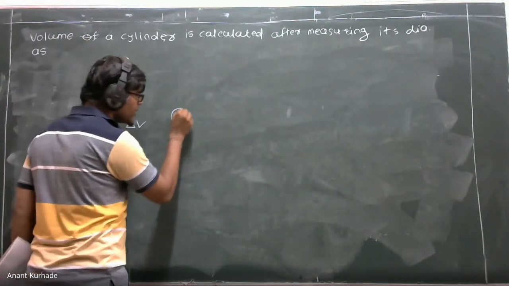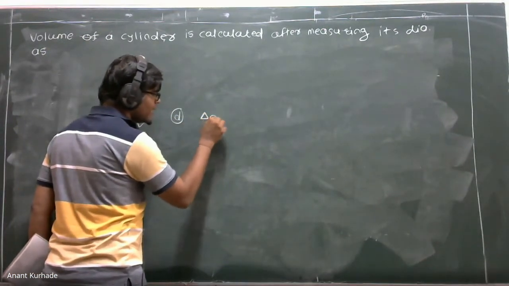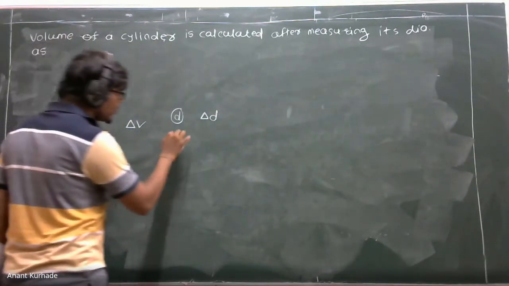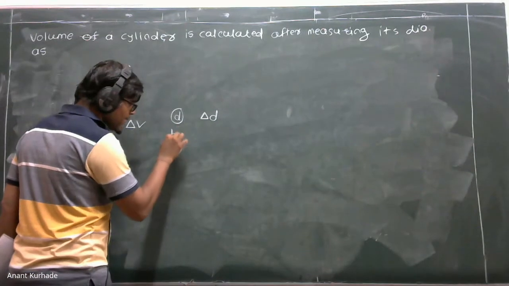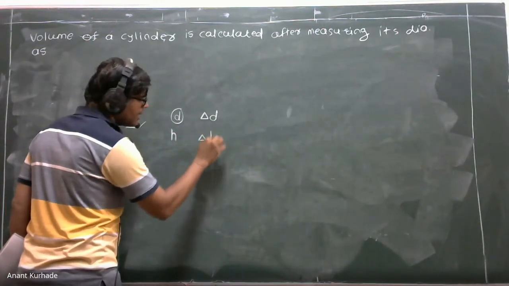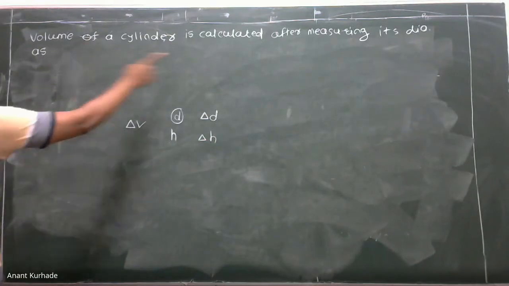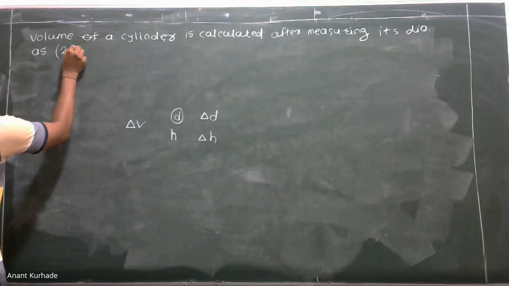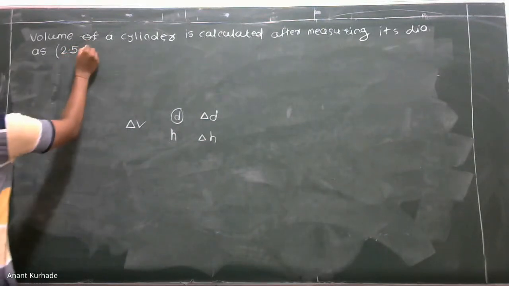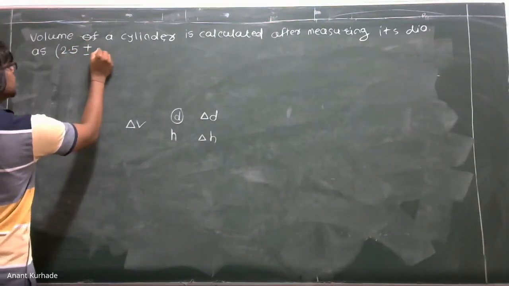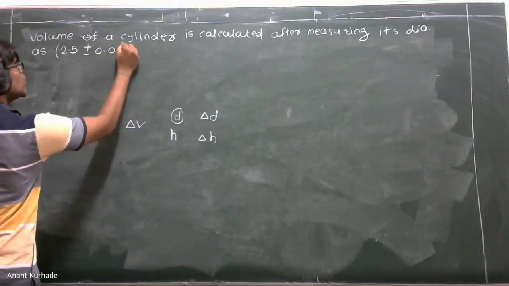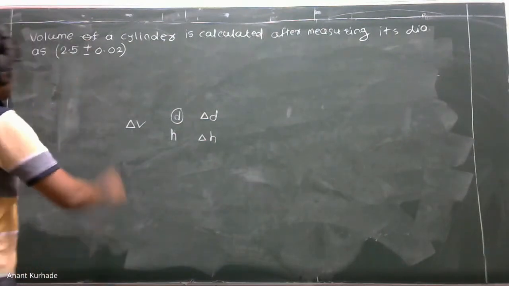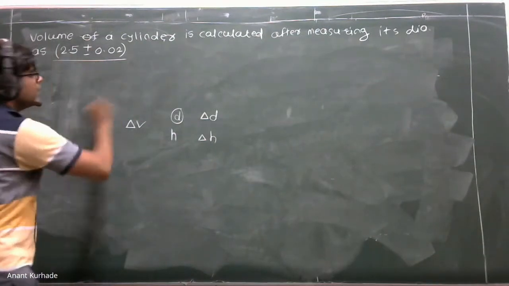So we are given these two data, D and delta D. Again, height is required, so we have the parameters H and delta H. Remember this. Its diameter is 2.5 plus minus 0.02.